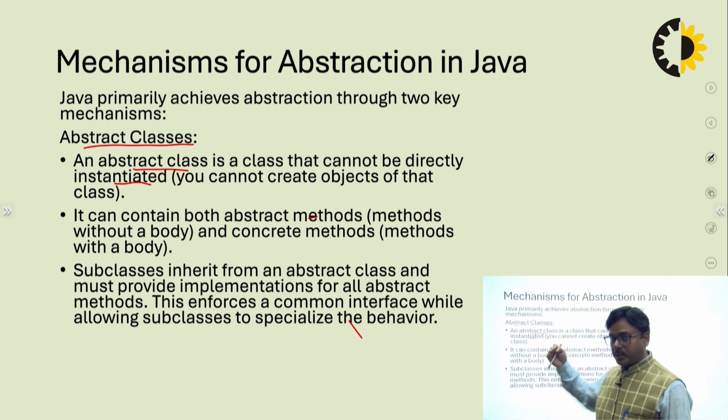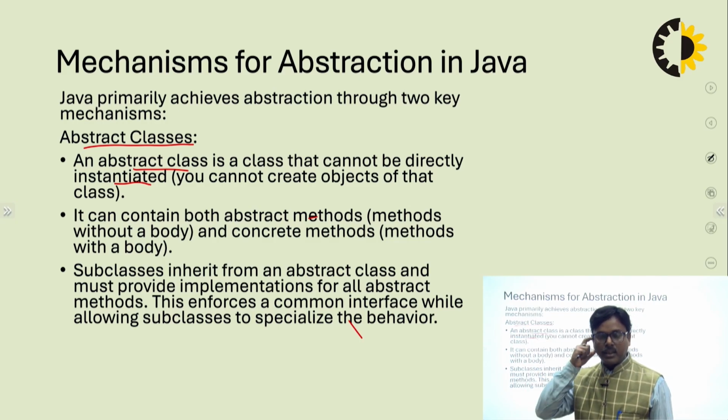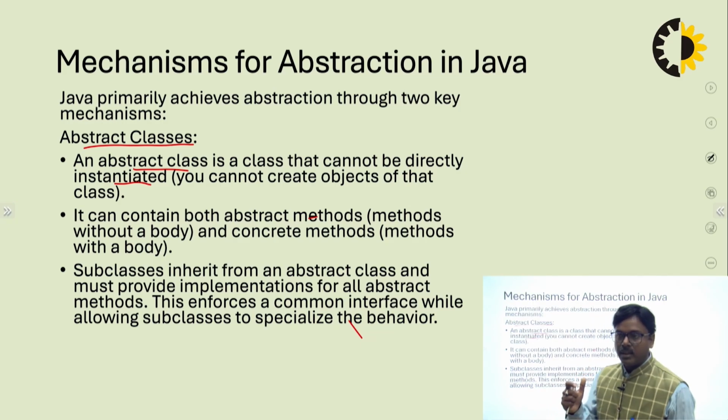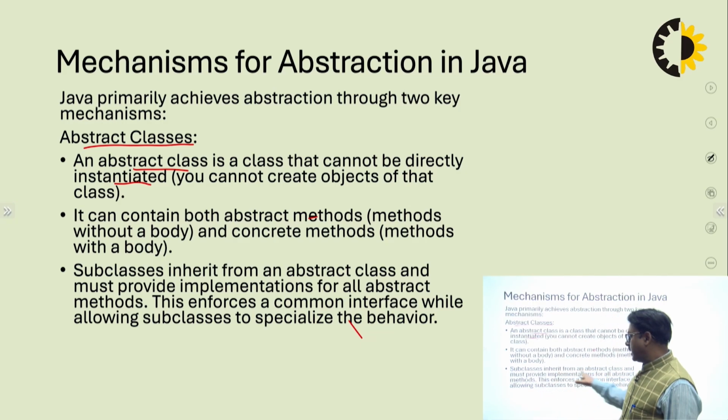This is what has been explained in the next line: the subclass which is going to inherit that class will have the definition of the method which has been declared over there. That is, the implementation of that method will be done in that subclass, which must provide an implementation for all the abstract methods.